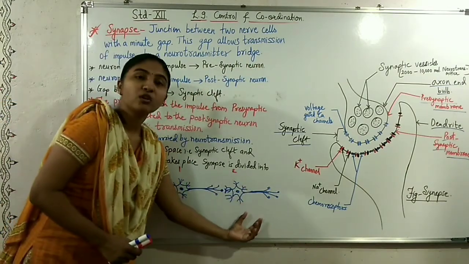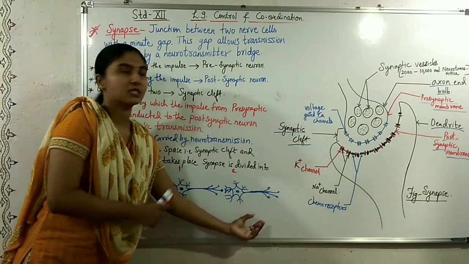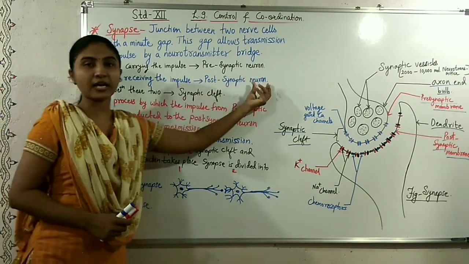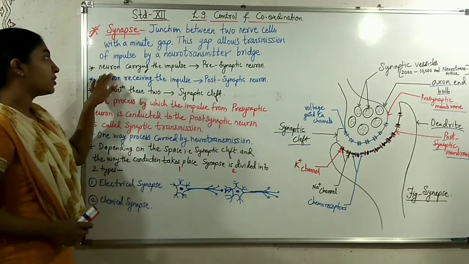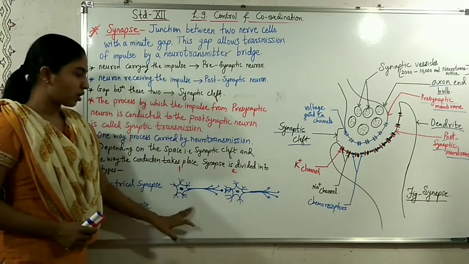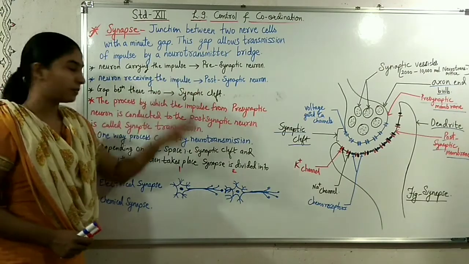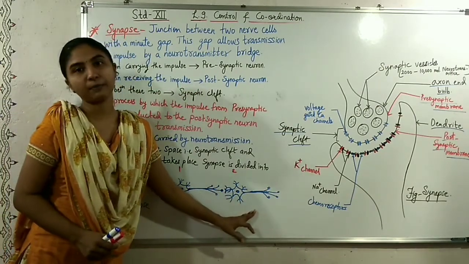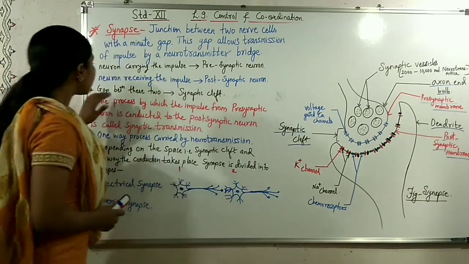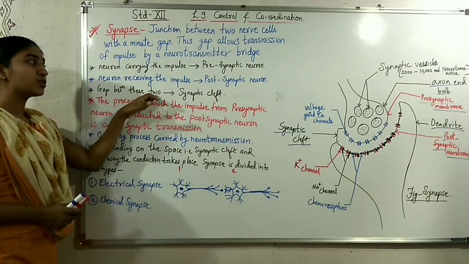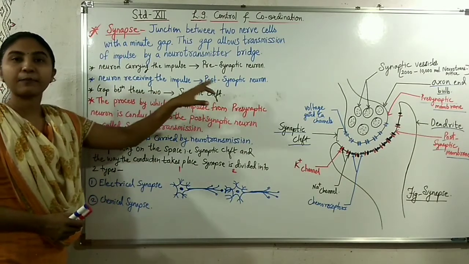Whereas the neuron which is receiving the impulse will be called the postsynaptic neuron. The gap between these two is called the synaptic cleft.